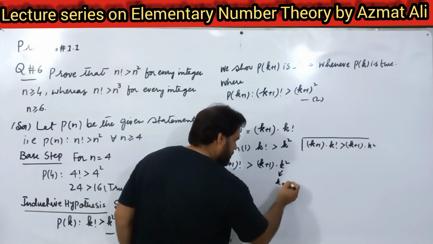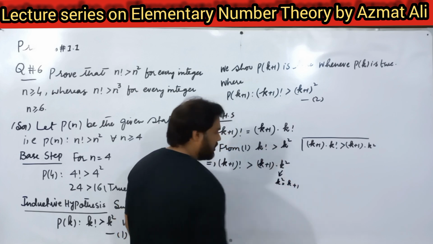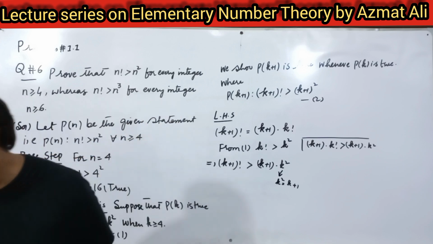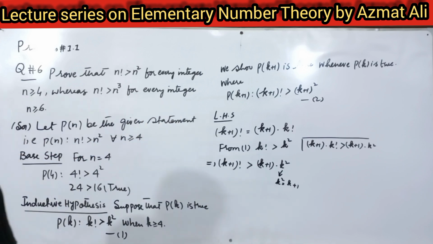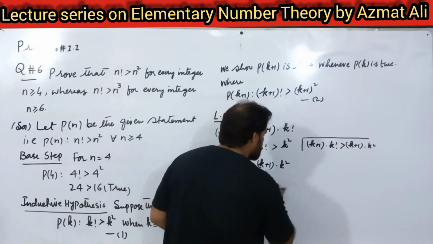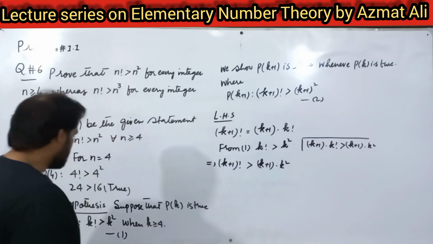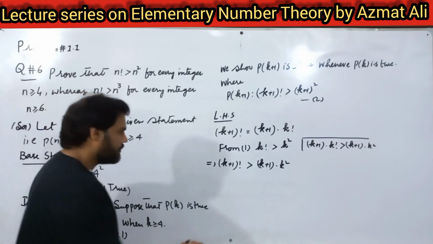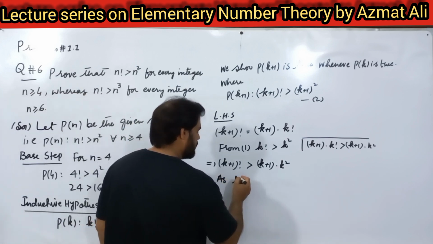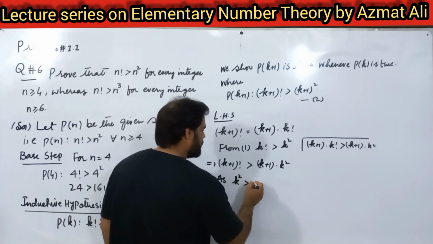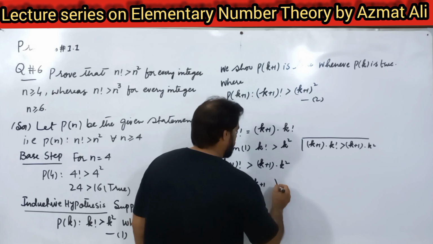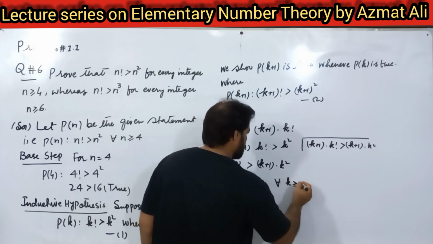Next, as our k is greater than or equal to 4, k square is greater than k plus 1 for all k greater than or equal to 4.